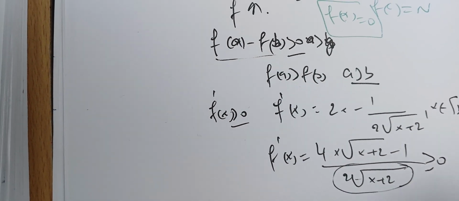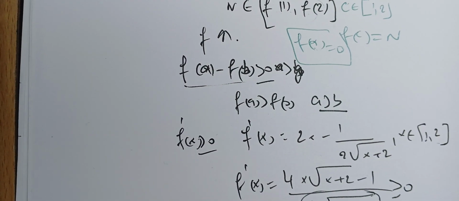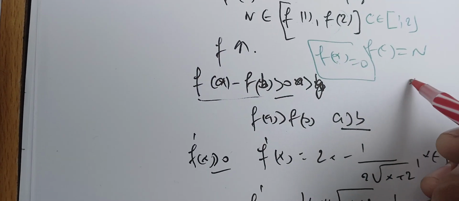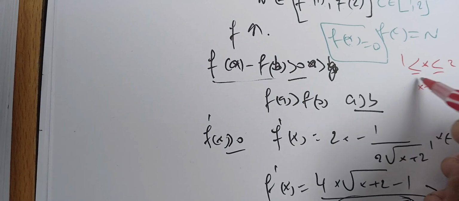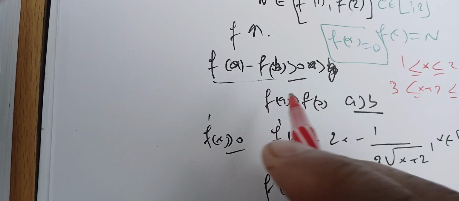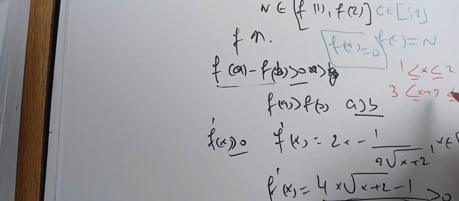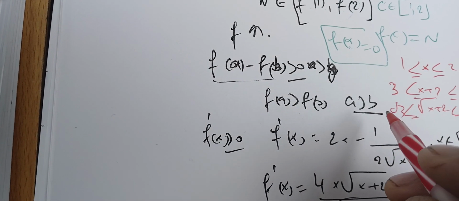To do that, we know that x is between 1 and 2. So x is between 1 and 2. Okay, so x plus 2 is going to be between 3 and 4. And the square root of x plus 2 is going to be between square root of 3 and 2.